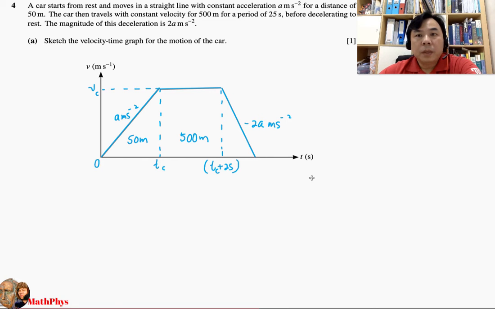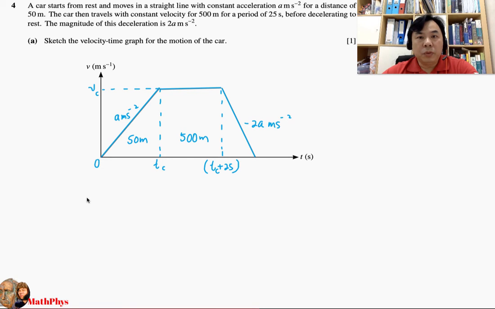We have no idea when it comes to rest, but we know that when it comes to rest, the velocity must be equal to zero there. Now these are all the pieces of information presented to us. We just have to make use of them to find out the next information.